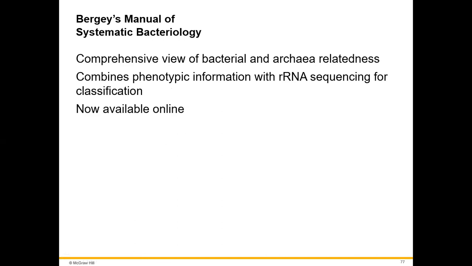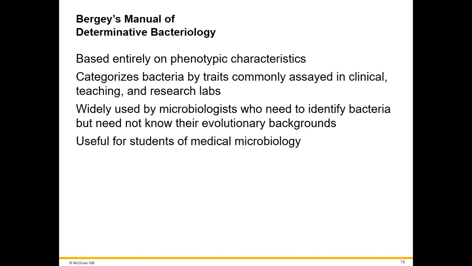The Bergey's Manual of Systematic Bacteriology relies on phenotypic information, but also ribosomal RNA sequencing. It's now available online. The Manual of Determinative Bacteriology is based entirely on phenotypic characteristics.